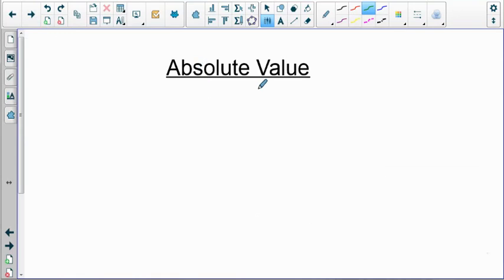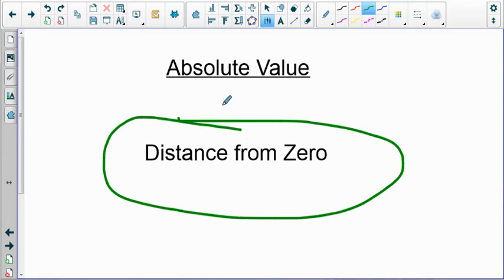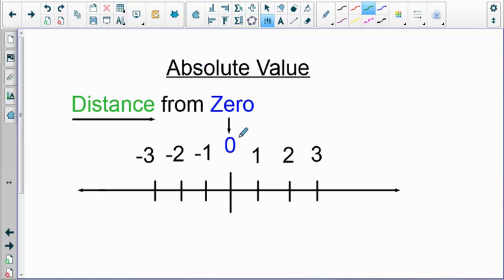The first question is, what is absolute value? Well, absolute value is just simply the distance from zero. That's all it is, distance from zero. It has nothing to do with changing everything to pluses or anything like that. That's a common misconception. So 3, how far is 3 from 0?